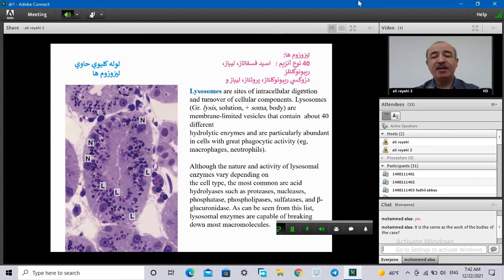The membrane of the lysosome contains active pumps that transfer protons into the lysosome, and when protons H+ enter the lysosome, the pH within the lysosome decreases and the enzymes become active, okay? Also, the nature and activity of the lysosomal enzymes vary depending on the cell type.